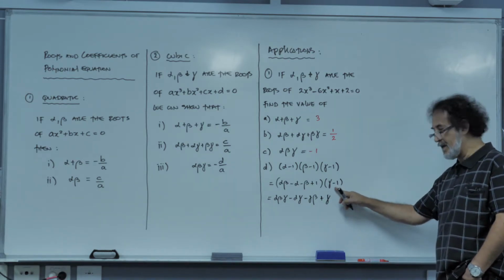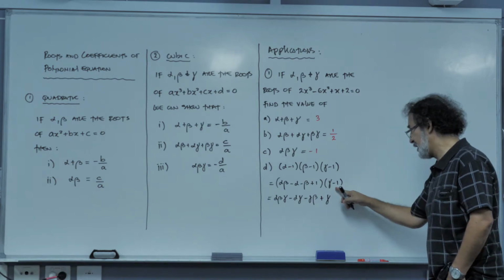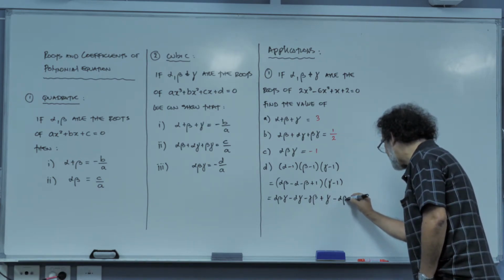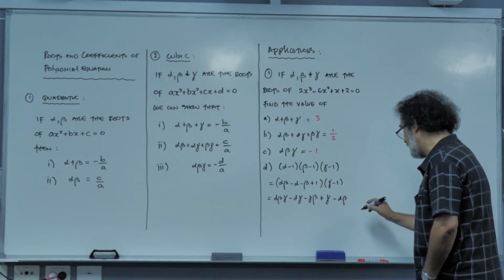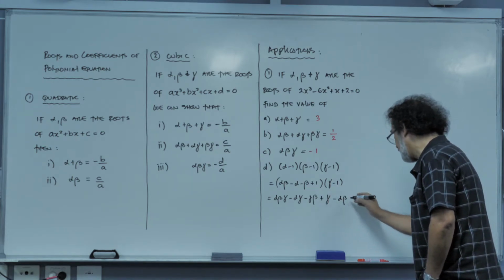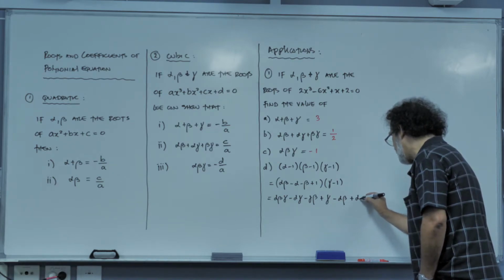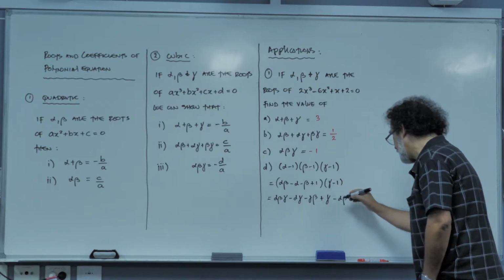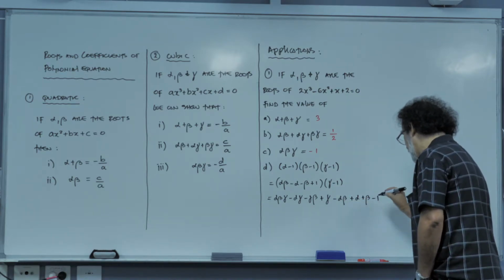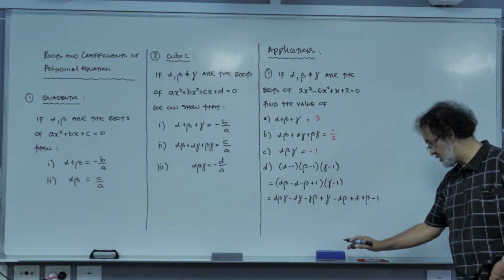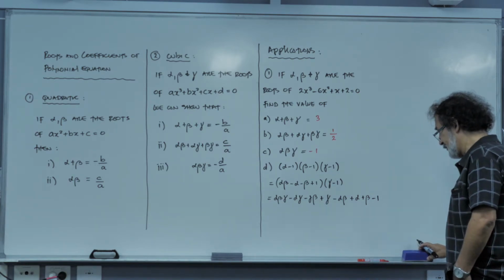Now we're going to multiply the big bracket by minus 1, so we're going to have minus alpha beta, and then plus alpha plus beta, and then minus 1. Right? I didn't make any mistake.